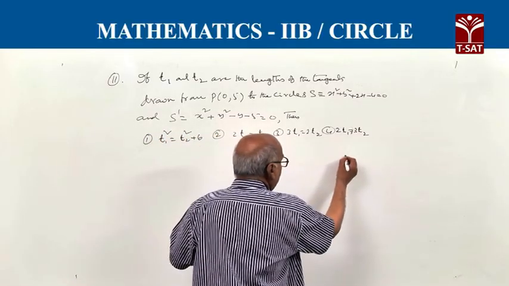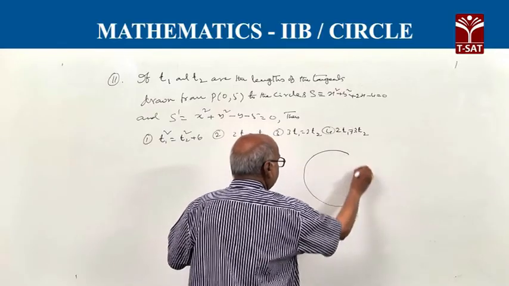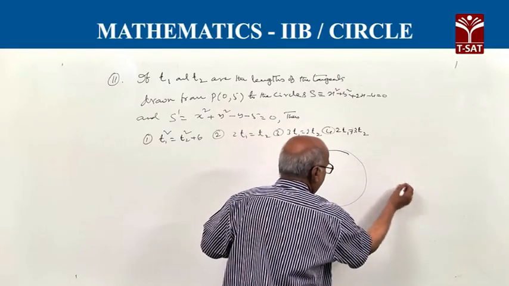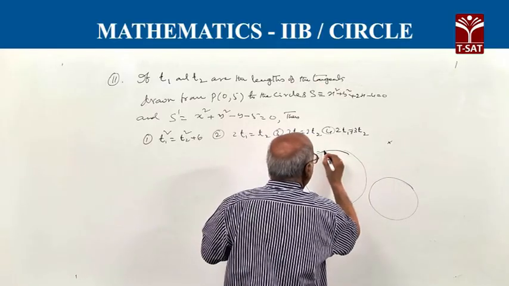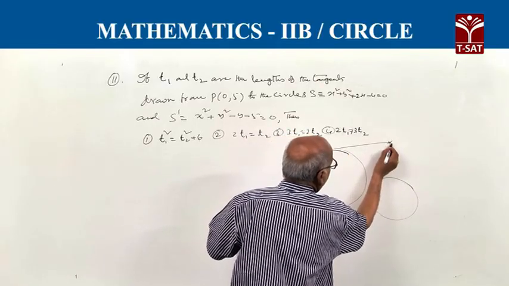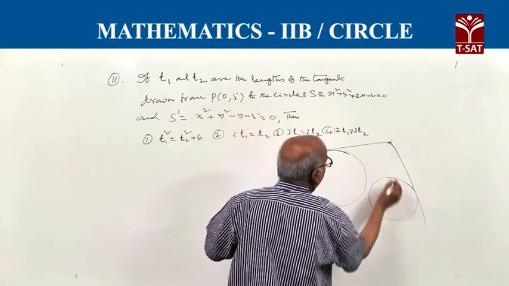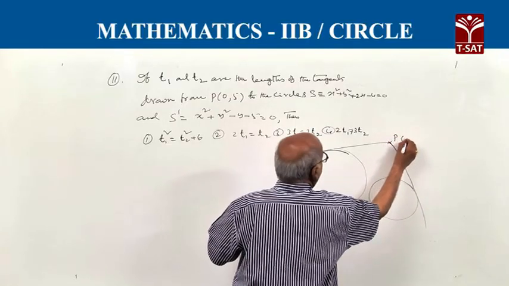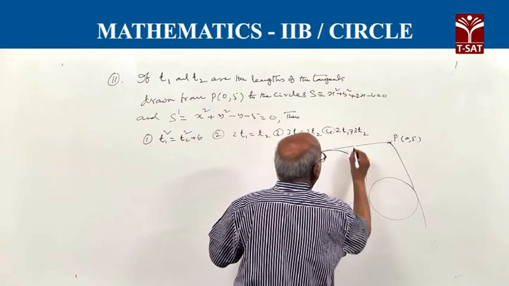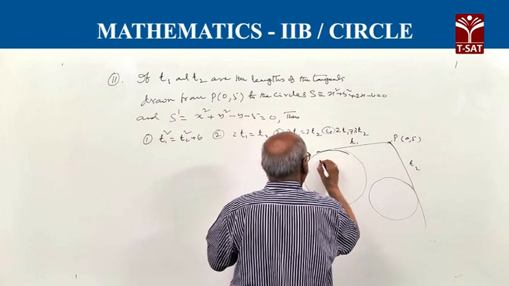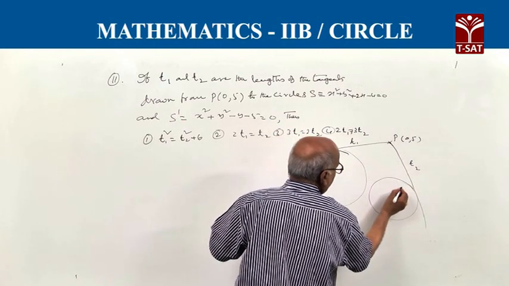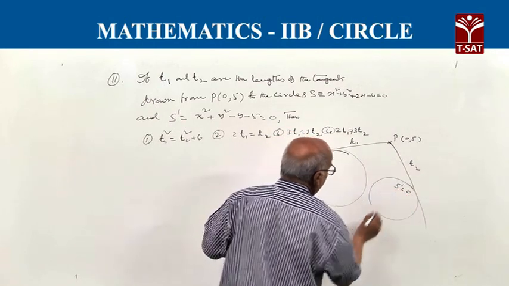So, you are given two circles and a point. So, he is drawing tangents from this point P(0, 5), T1, T2. This is the circle S is equal to 0. This is circle S dash is equal to 0.